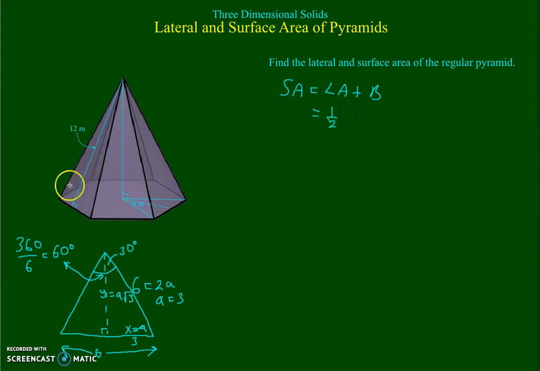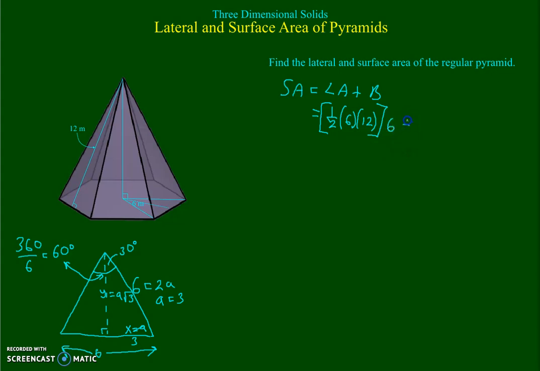The base is this 6. That's what we calculated here, this 6. So 1/2 6 times slant height. Now that gives us the area of one of our lateral faces. And since we have 6 sides, we multiply that number by 6. That gives us our lateral area.